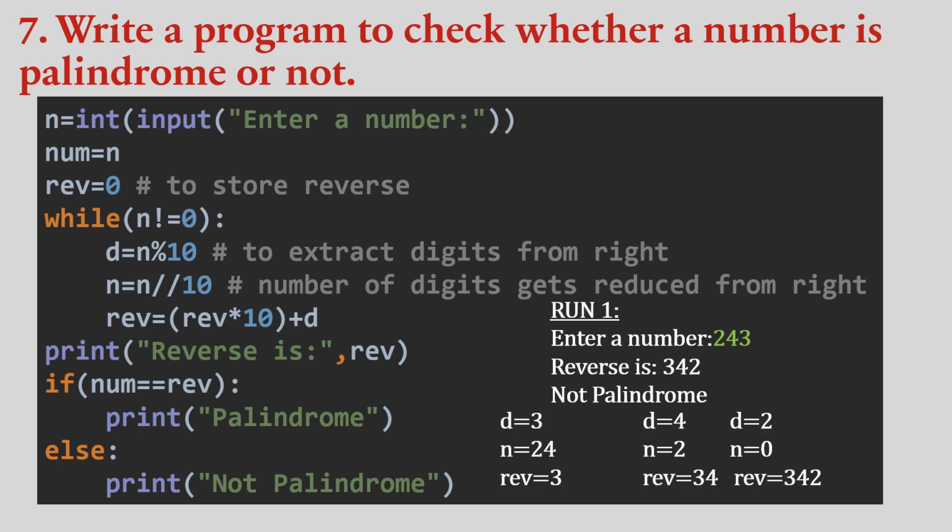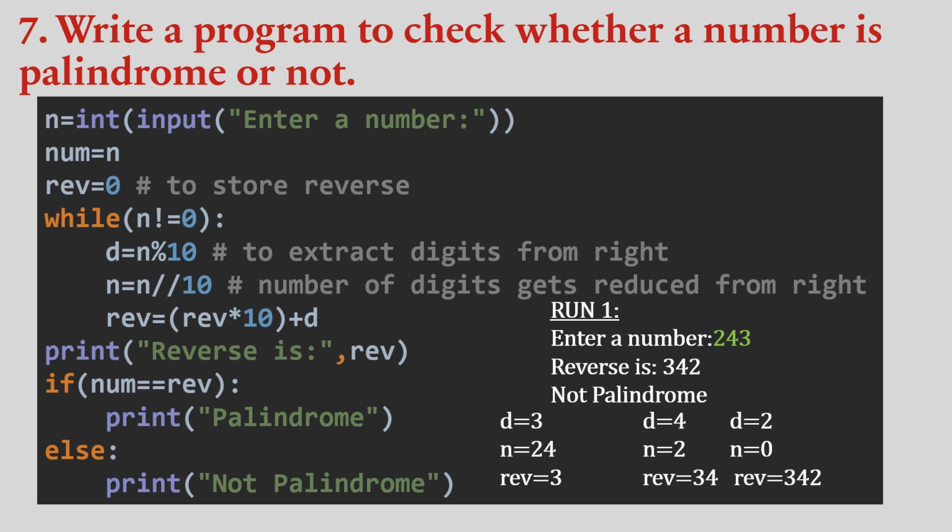So your d value is 3 and n becomes n divided by 10. N was 243, and once you divide it by 10, it will become 24. So n becomes 24. That means the number after removing the digit from the right side is 24. Now reverse will be reverse into 10 plus d.